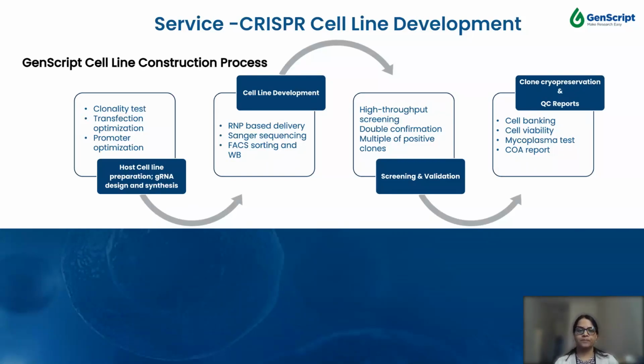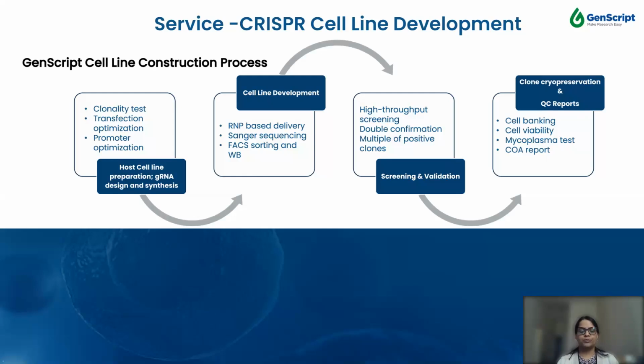Here I show the construction process for the CRISPR cell line, which includes the design and synthesis of the gRNA, transfecting the cell line, then analyzing editing and knockout efficiency, and conducting the assay.